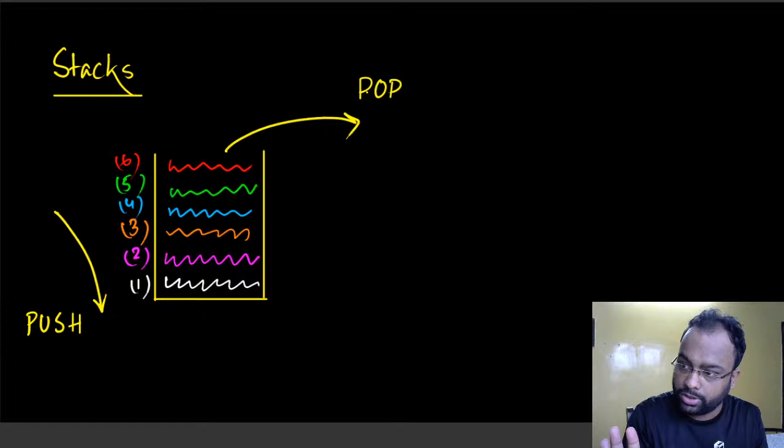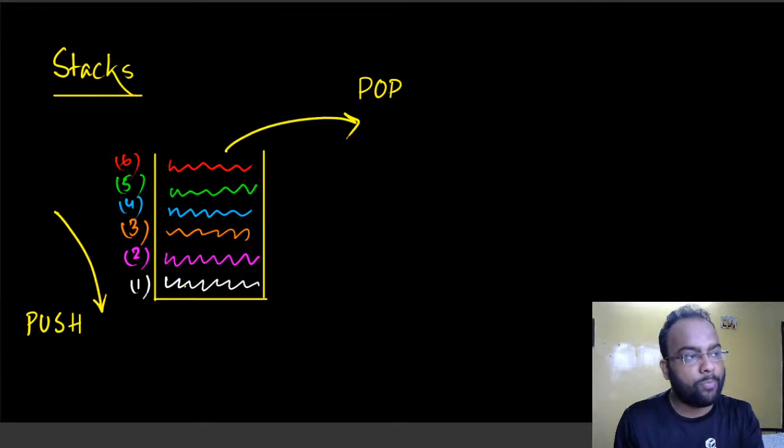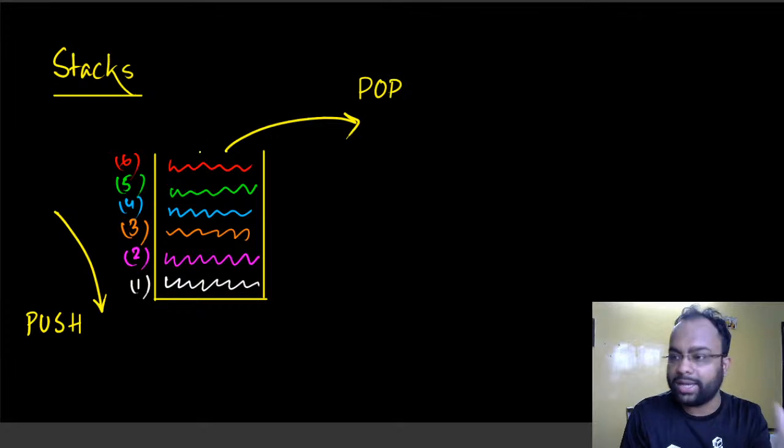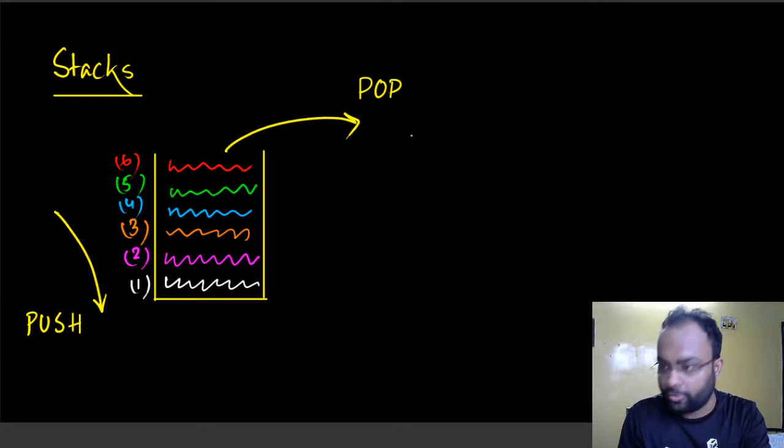Is that understood? So this thing that I'm designating with number one, that went inside the bucket first, right? That was the first thing to go into the bucket. And if I now pull things out of the bucket, what happens? This thing that went first into the bucket will come out last, right? That's understandable, right? So the thing that went last will come out first.